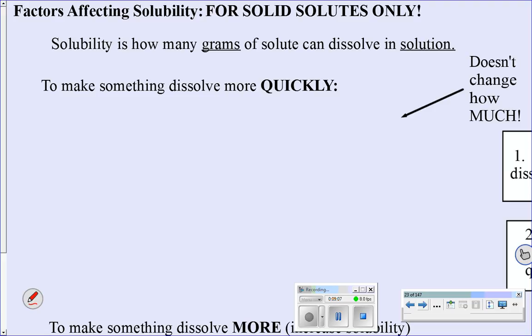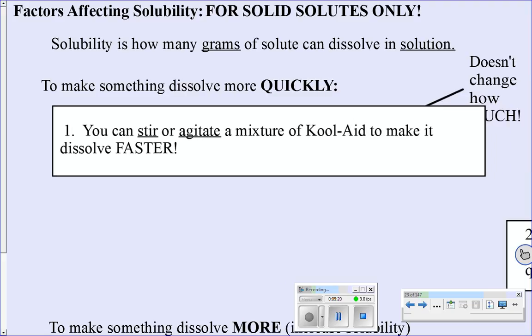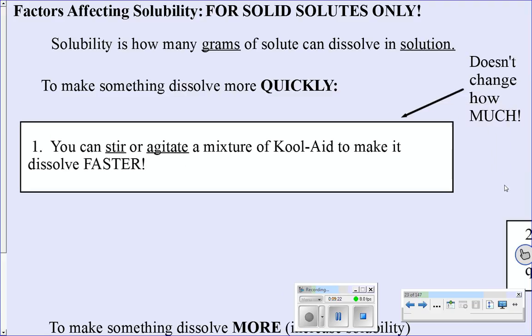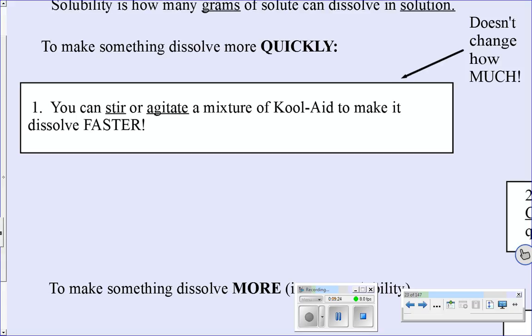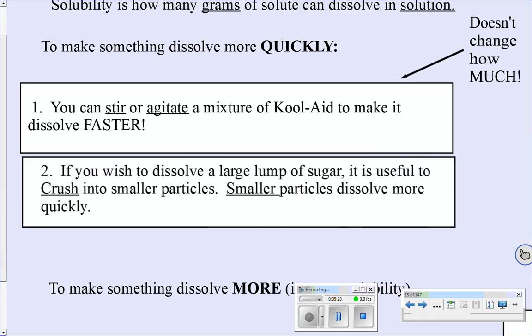So solubility is how many grams of solute will dissolve in a solution. There are things you can do to make something dissolve more quickly. If you want something to dissolve fast, you're going to stir or agitate it. So when you're making Kool-Aid, something like that, you stir it, or you shake it up. Agitate just means physically shaking it or stirring it.